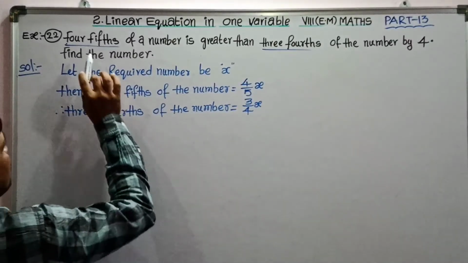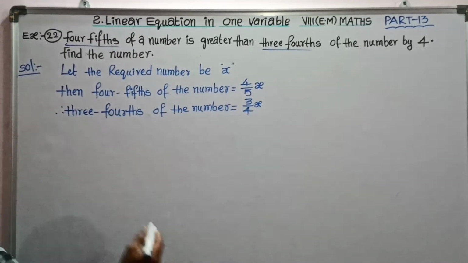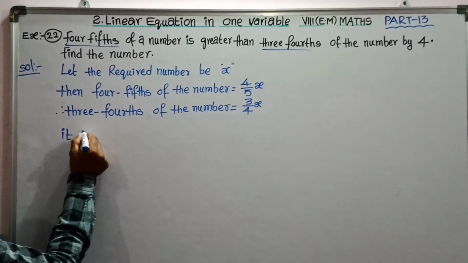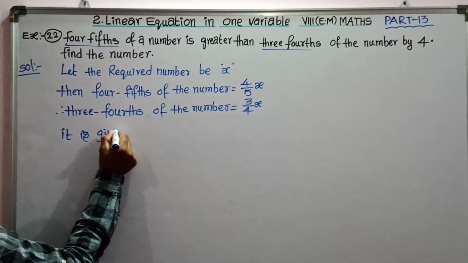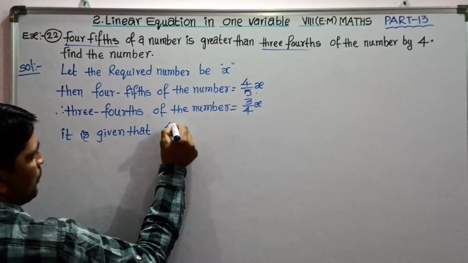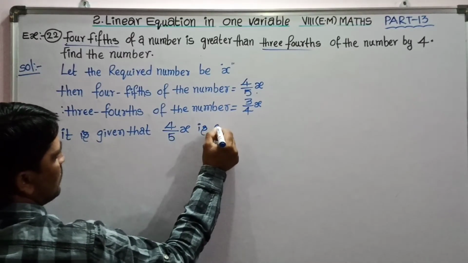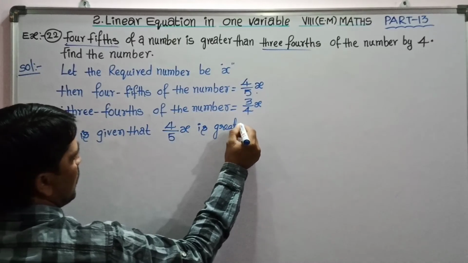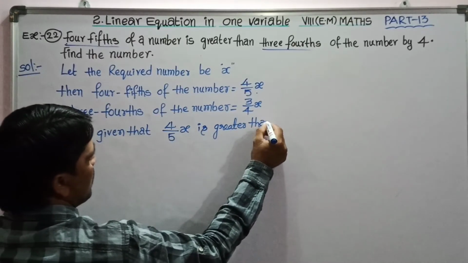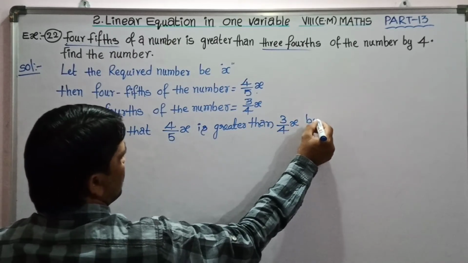And it is given that 4/5 of a number is greater than 3/4 of the number by 4. It is given that 4/5 of a number, that is 4/5 of x, is greater than 3/4 of a number by 4.